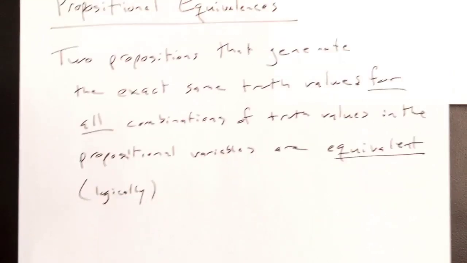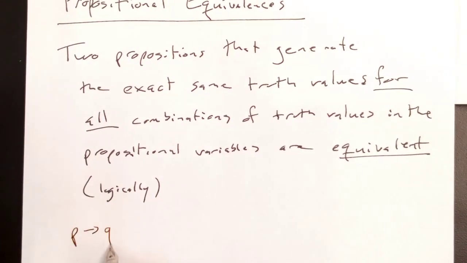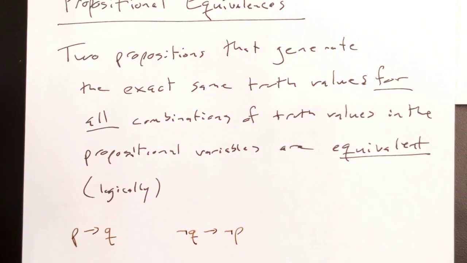Aha. We actually went through and looked at P implies Q and not Q implies not P. And those turned out to be logically equivalent, because no matter what combinations of trues and falses you put in for the P's and the Q's, you got the same result out.